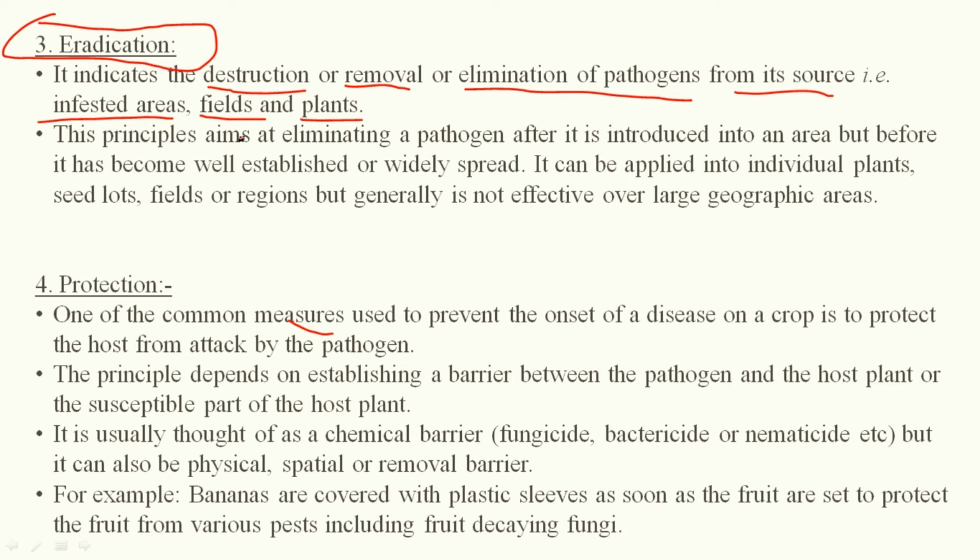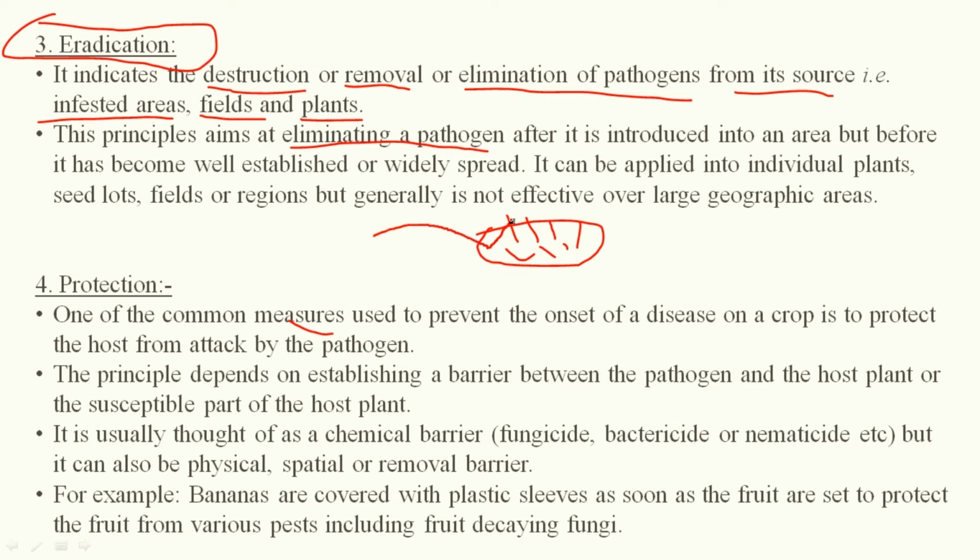Okay. So what are the aims of this principle? Eliminating a pathogen. Suppose one area is there. Suppose one field is there. Here plants are there. So what will happen in this stage of eradication?